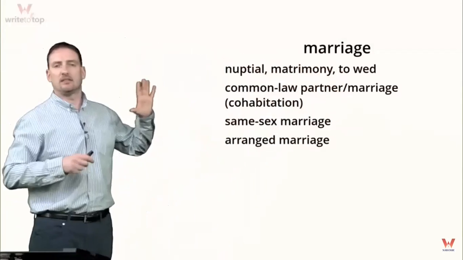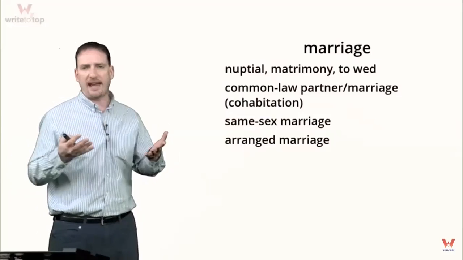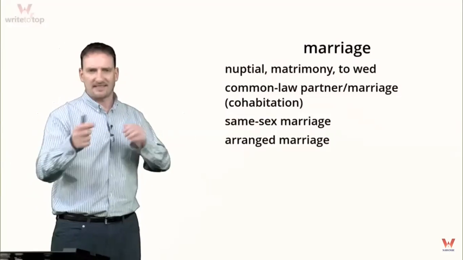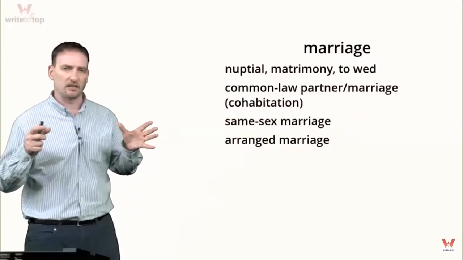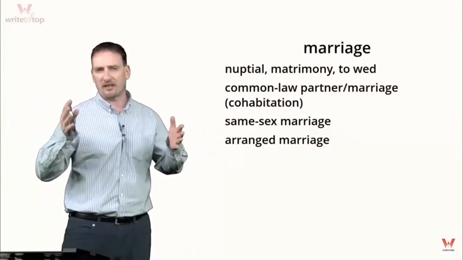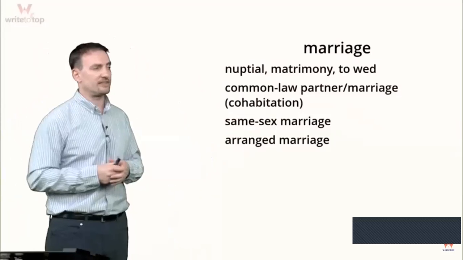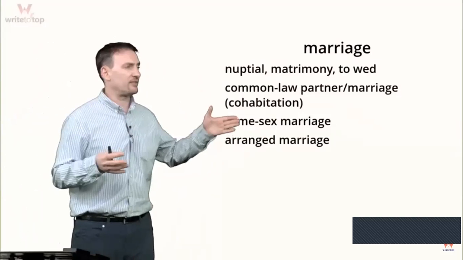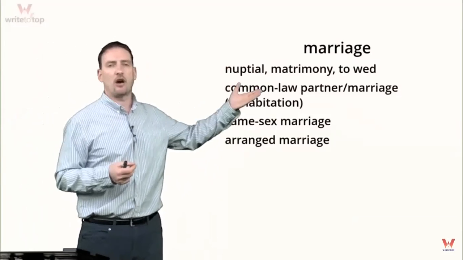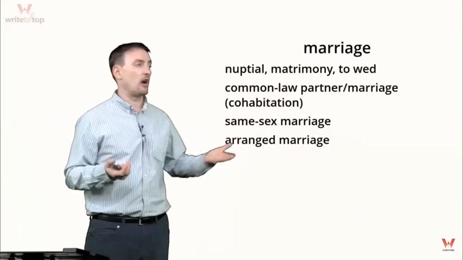Okay. But not everybody wants to get married. Especially young people today. They're quite happy just living together without going to the church, without going to City Hall, signing papers and making everything legal. If they live together for a long period of time, it's different. The amount of time depends on the country, the province, etc. But after a certain amount of time of cohabitation, meaning living together, they become common law partners. Their situation is called a common law marriage.